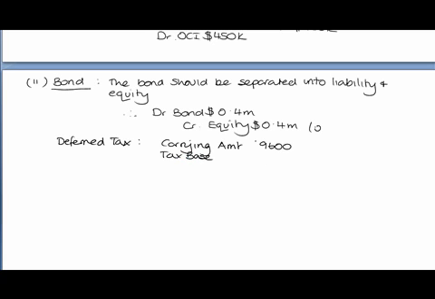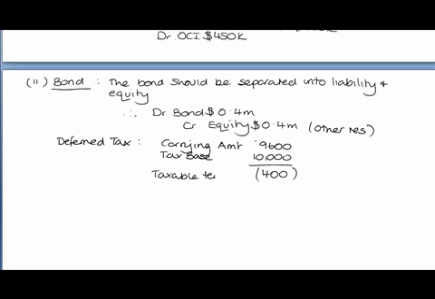It's 10 million. So I've got 400 negative, but it's 400 negative on a liability.